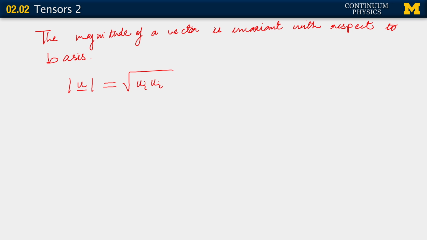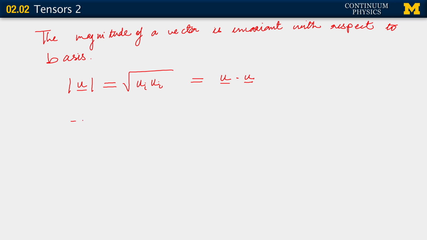Okay? This is indeed an invariant. And to see how this happens, what one has to see is that this, of course, is also equal to u dot u. Okay?